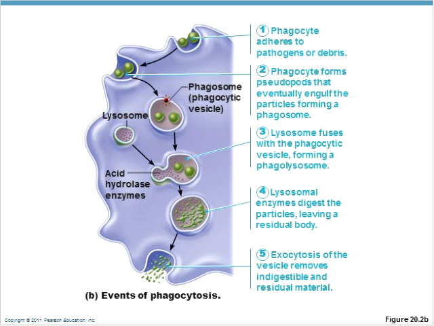Lysosomes in the cell fuse with that bag and start to break that down, forming a phagolysosome. And really, what happens is this starts to get eaten up. The lysosome enzymes digest the particles, leaving a residual body, if you will, and then the cell extrudes the material that's left over, that's exocytosis, out and removes that indigestible and residual material.